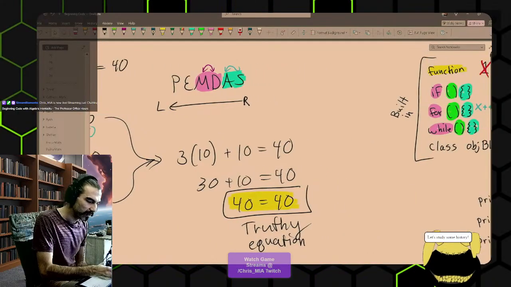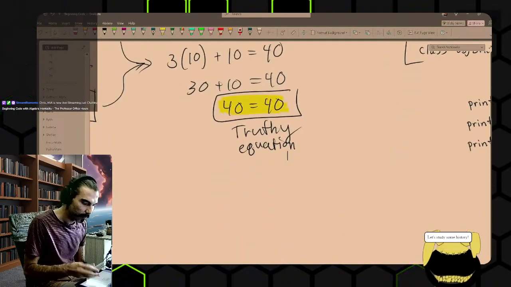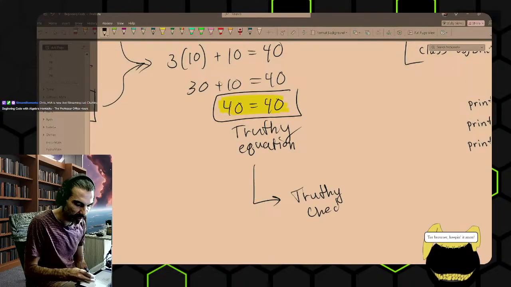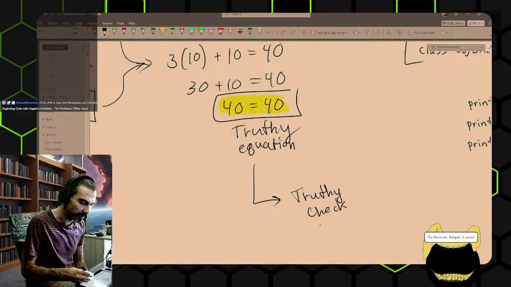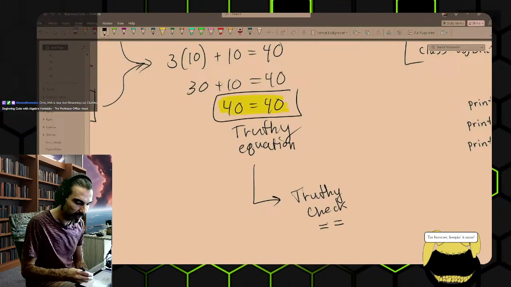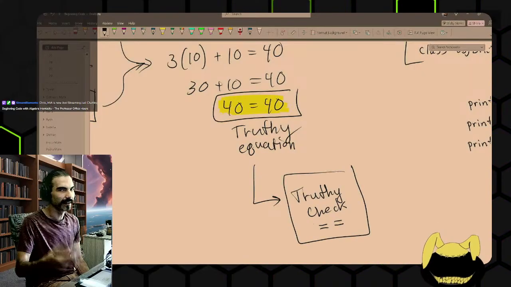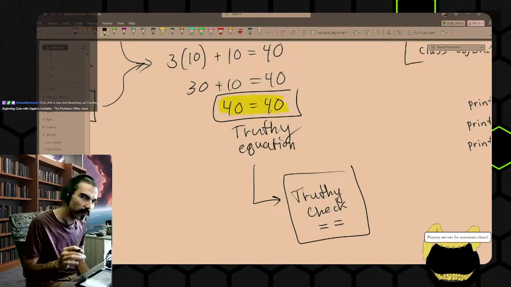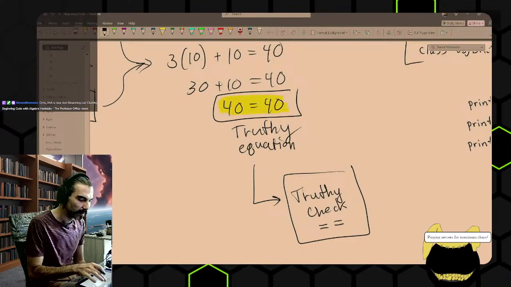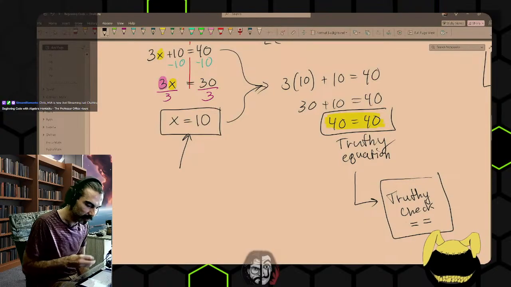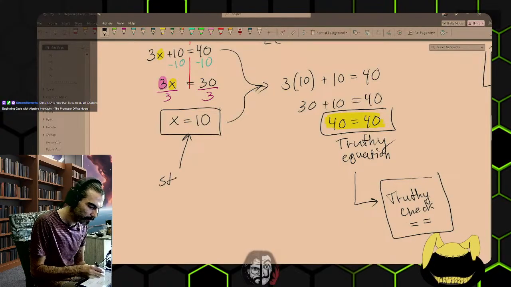Now, in programming, there's a little bit of a caveat. When you do any sort of programming, a truthy check is actually normally, by most syntaxes, a double equal sign. So you've got to use two equal signs to activate that check. A single equal sign means something slightly different, and it really means more like this. In programming, storage.